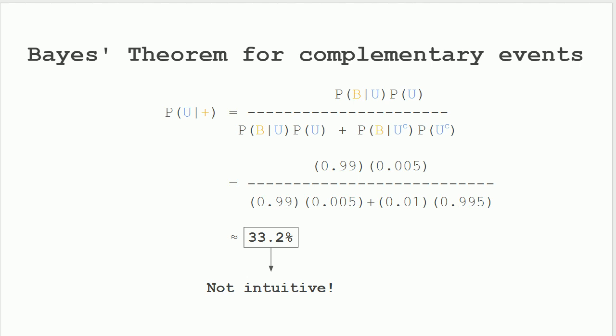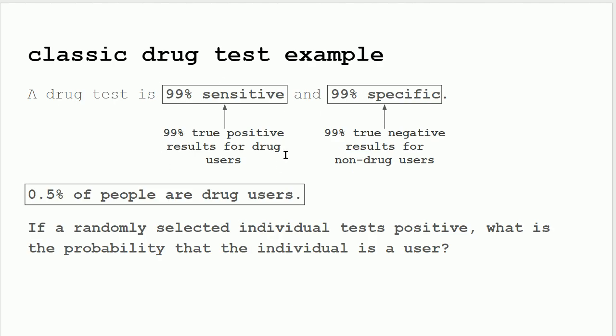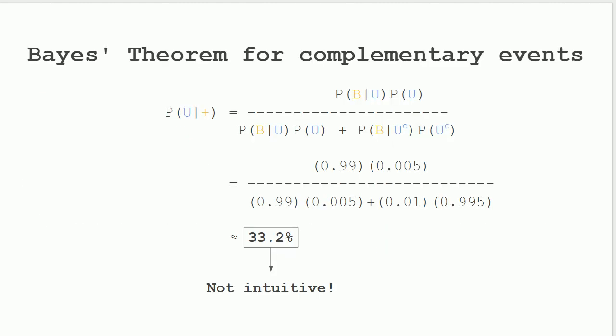You have all these high numbers right here, and it sounds like a great, fantastic test, right? 99%, 99%. That is not true, okay? This is the crux of it. This probability is not that intuitive given Bayes' theorem, okay? One way to get around this is to perform multiple tests, right?